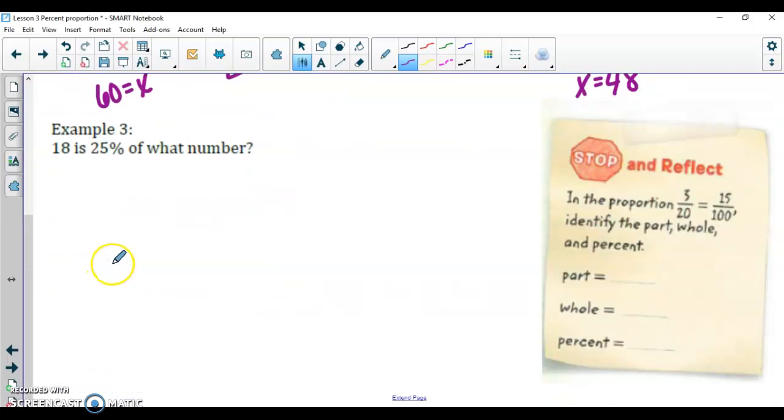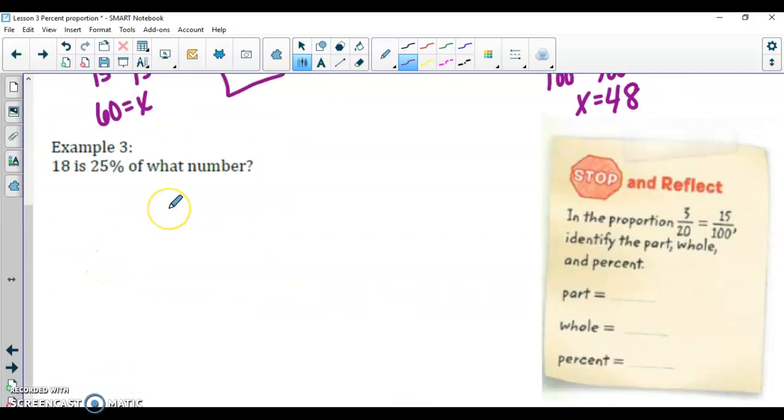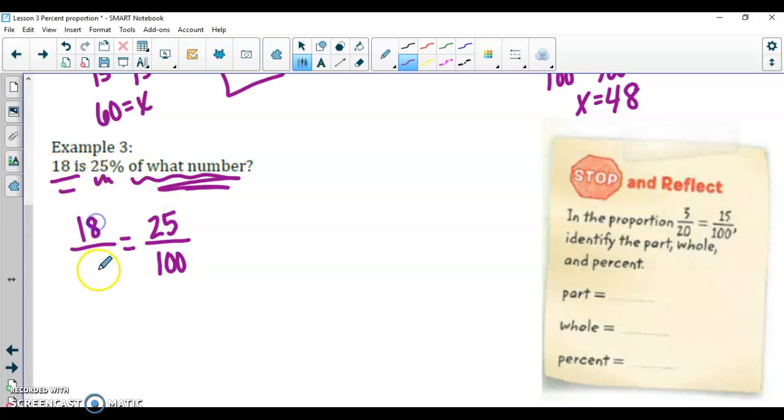I'm going to have you pause the video and do example number 3 here. So you're going to set it up. 18 is 25% of what number? So is over of, percent over 100. I put the percent in first. 18 is, so that goes in my is spot.